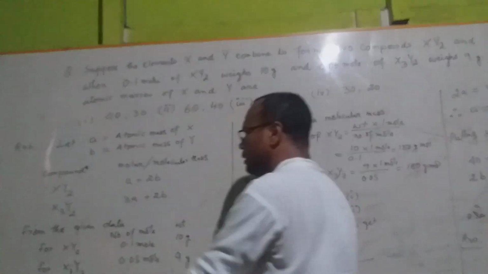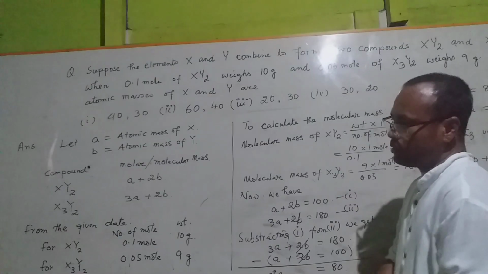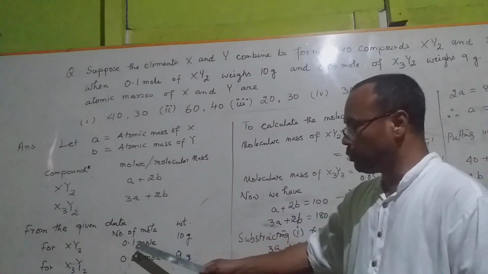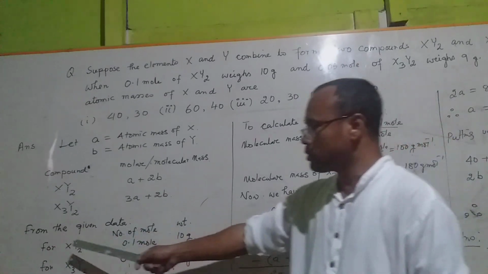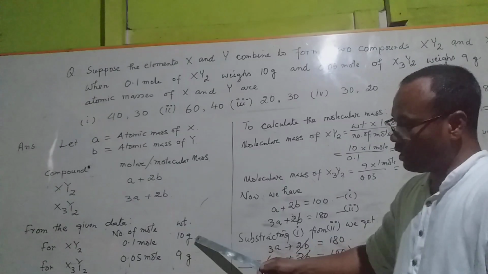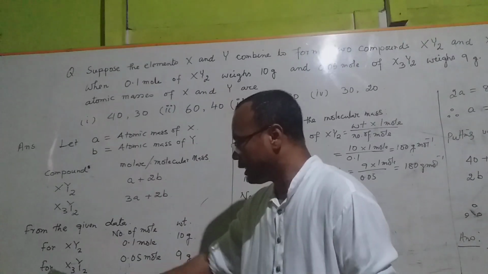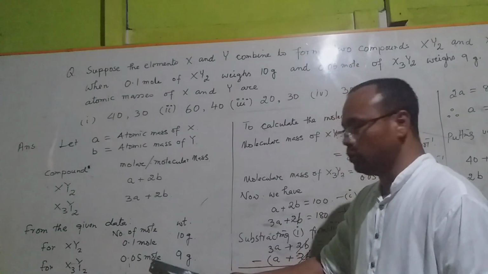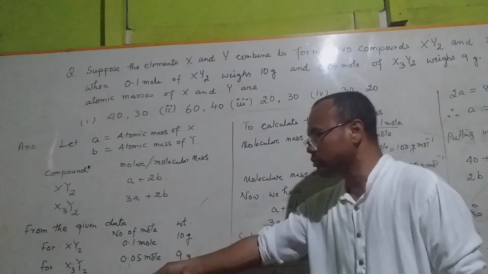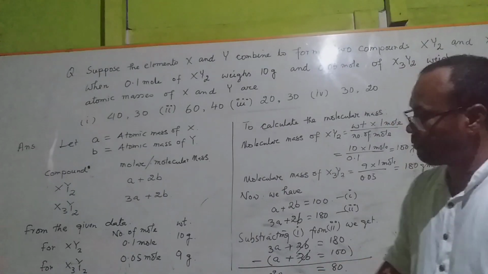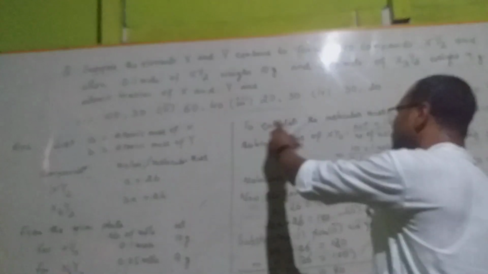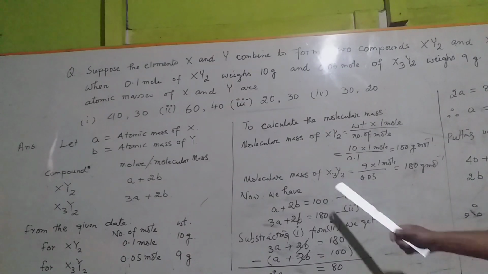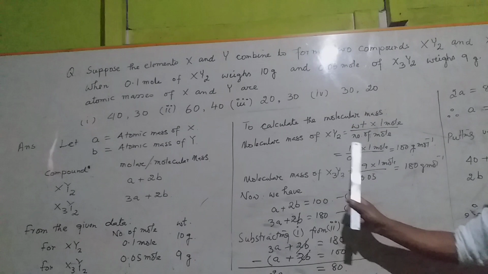From the given data: for XY2, the number of moles is 0.1 mole and the weight of XY2 is 10 gram. Similarly, for X3Y2, the number of moles is 0.05 moles and the weight is 9 gram. To calculate the molecular mass of XY2 and X3Y2, we have a simple formula.